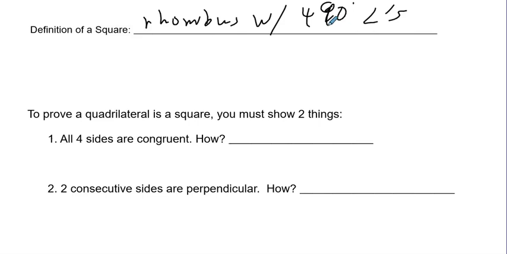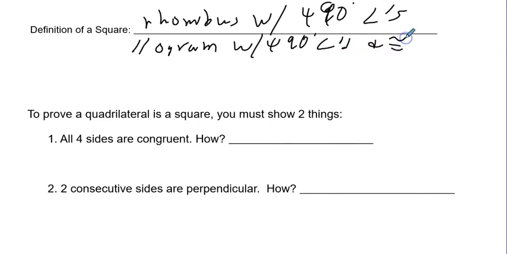If we said parallelogram, that's fine, but then we have to be more specific. If we say parallelogram, then we have to say with 4 90-degree angles and congruent sides. By saying rhombus, we already have that congruent side part of the definition. It's up to you how much you want to write. I will be open with what you do here.